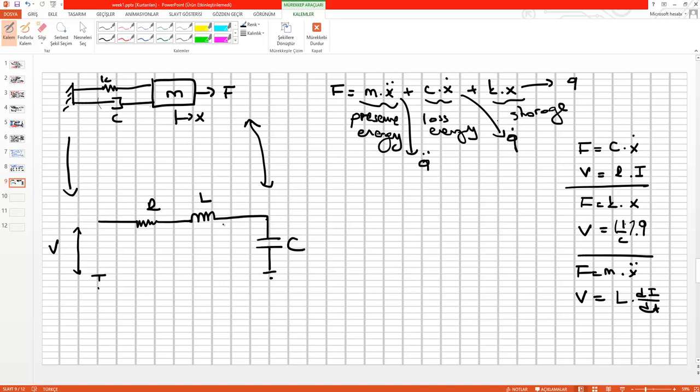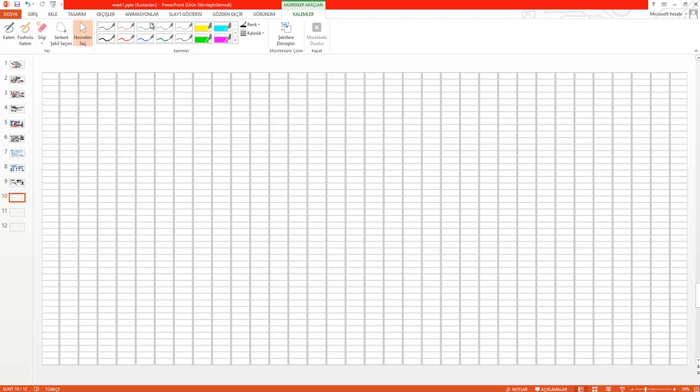Just like the hydraulic system, we can create the system dynamic equation based on the electrical analog circuits. For example, we can build this one.